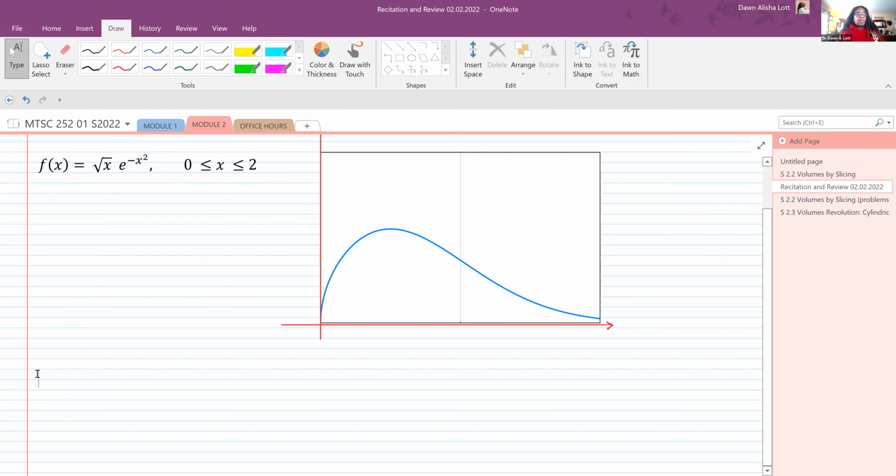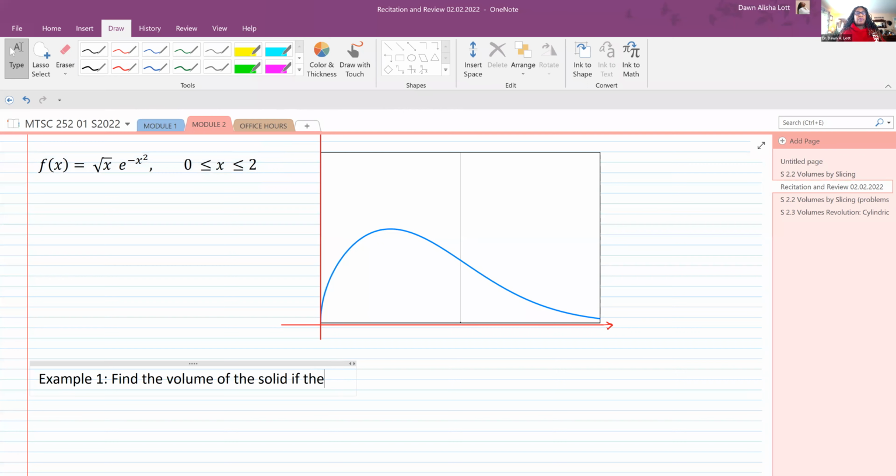So this is example 1: find the volume of the solid if the region above is the base and the cross sectional areas perpendicular to the x-axis are squares.